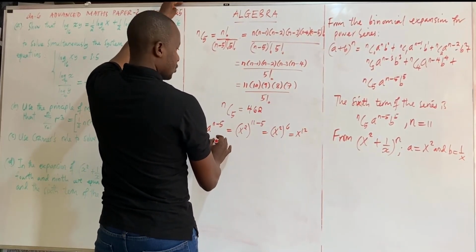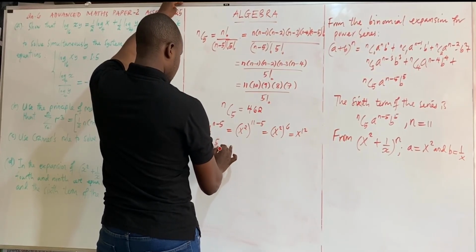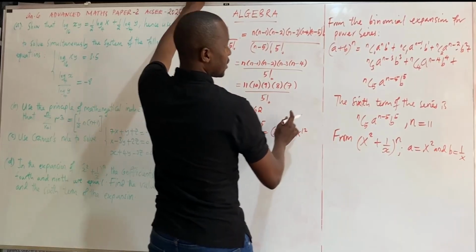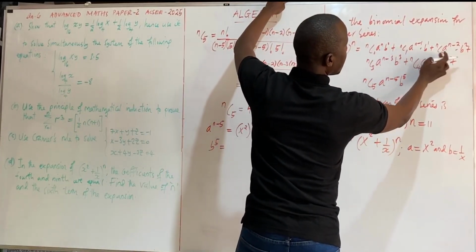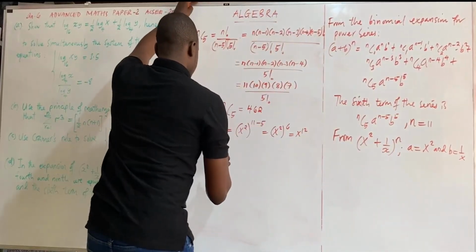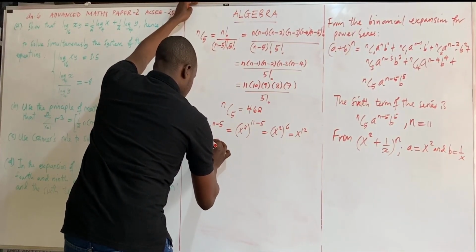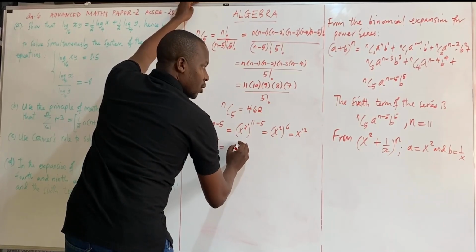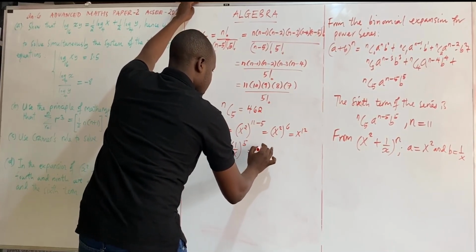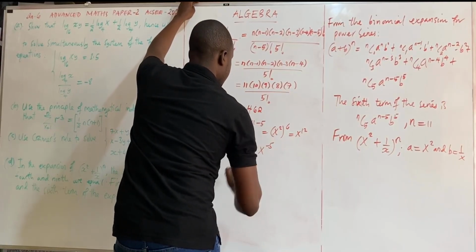The same applies to b raised to 5, because that will be the sixth term: 1, 2, 3, 4, 5, 6. So b raised to 5 here. The value of b is 1 over x, raised to 5. So this is the same as x to the negative 5.